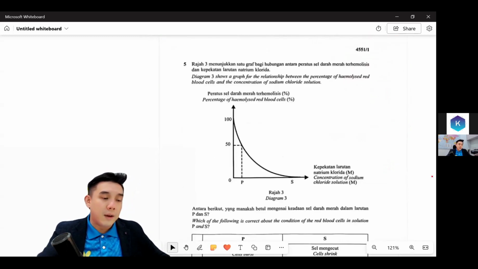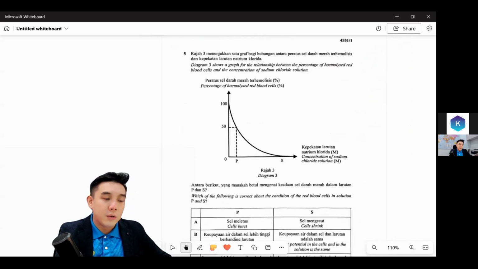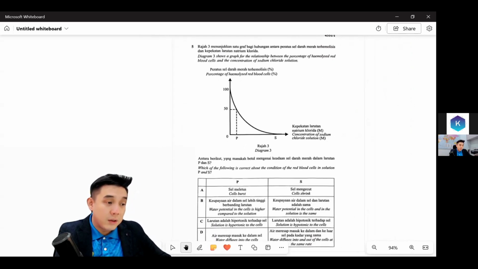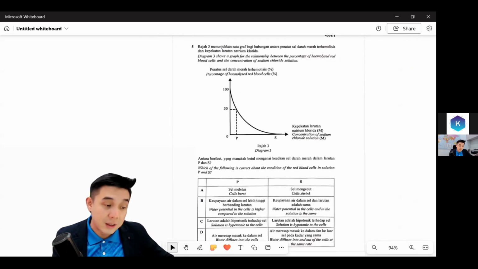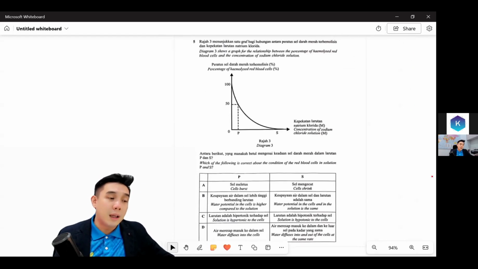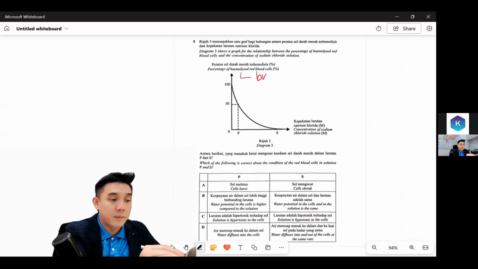Okay, number 5. As the concentration of sodium chloride increases, the percentage of red blood cells hemolyzed is lesser. Hemolysis means burst.